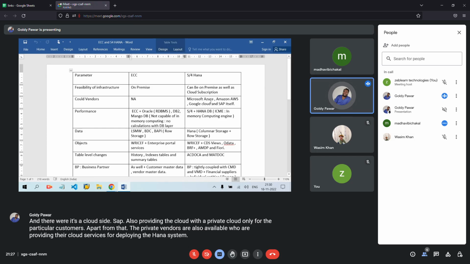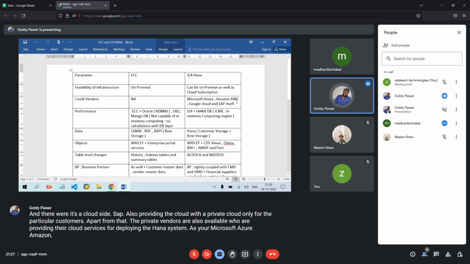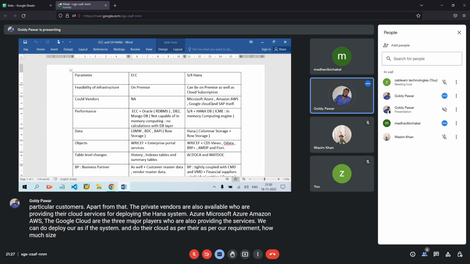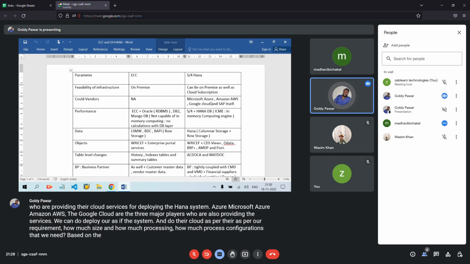Microsoft Azure, Amazon AWS and Google Cloud are the three major players. We can deploy our SAP system into their cloud as per our requirement, how much size and how much processing, based on the subscription, and rent out their services.